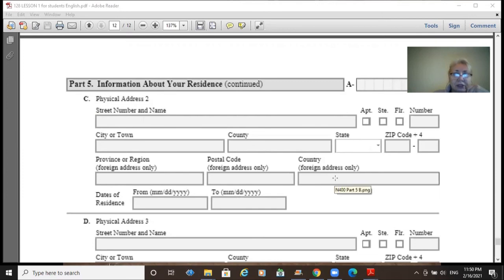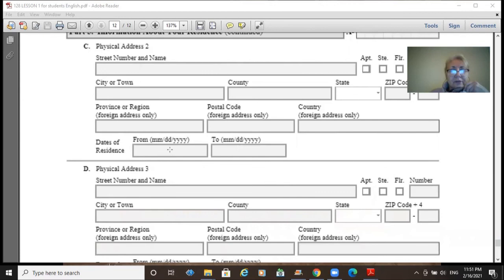And the question here can be, where did you live before? What was your prior address? Or what was your previous address? When did you move there? When did you move out?